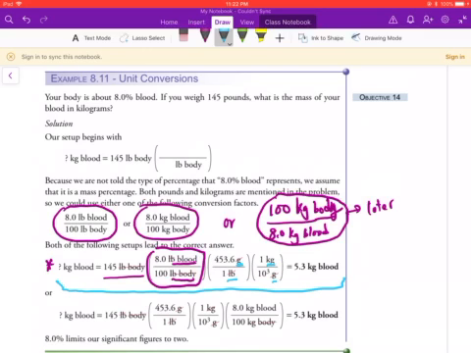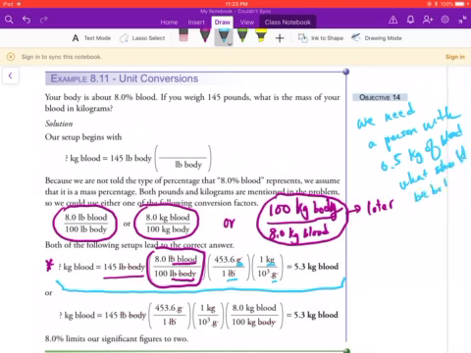What if I say we need a person with, I'm going to make it up, 6.5 kilograms of blood, and what should be the person's body weight? I'm going to use this pink color again.